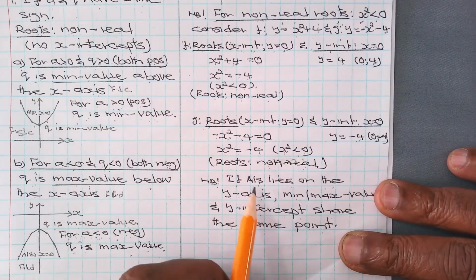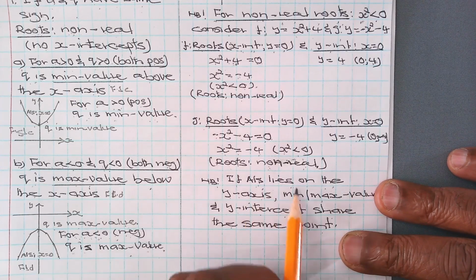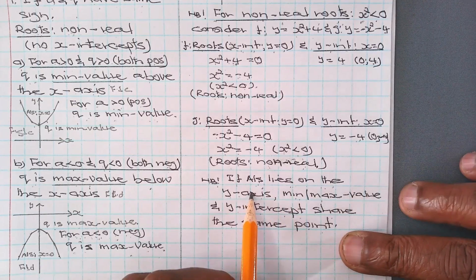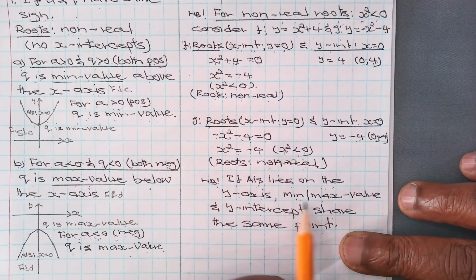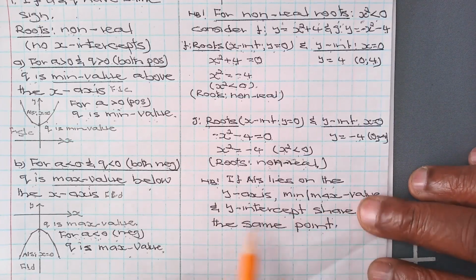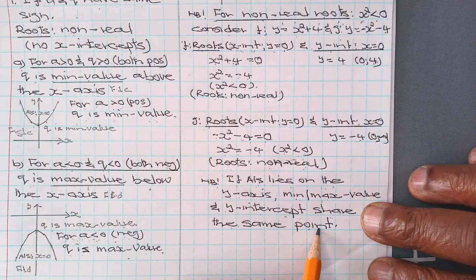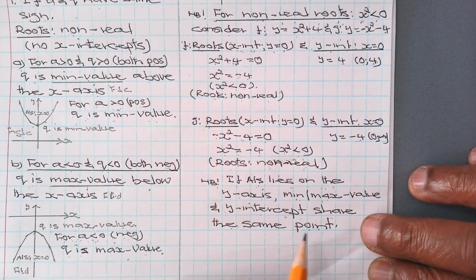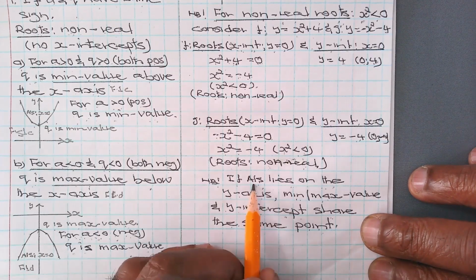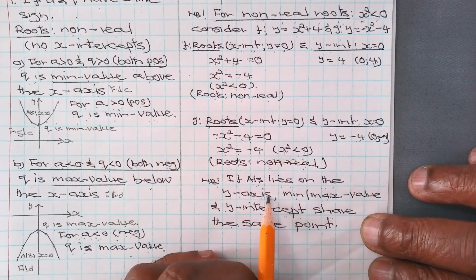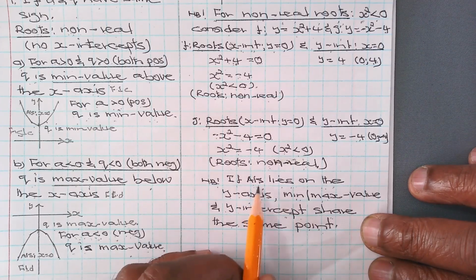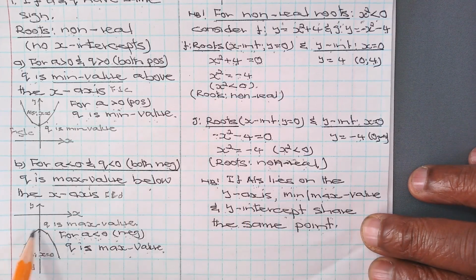If the axis of symmetry lies on the y-axis, the minimum or maximum value, which is q, and the y-intercept share the same point. They are not one and the same thing. They merely share that spot, if and only if the axis of symmetry lies on the y-axis. But if the axis of symmetry shifts from the y-axis either to the left or to the right, they share different spots.